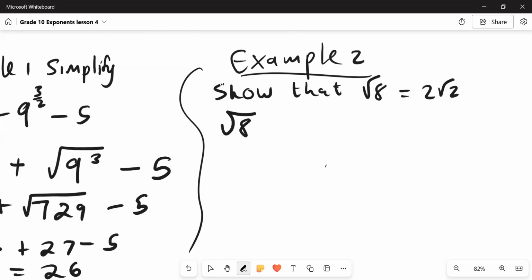Root 8 can be expressed as 4 times 2 to the half, right?